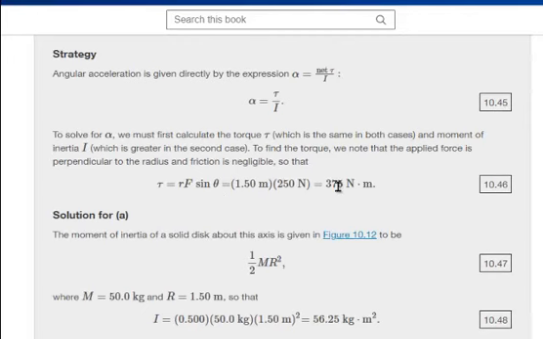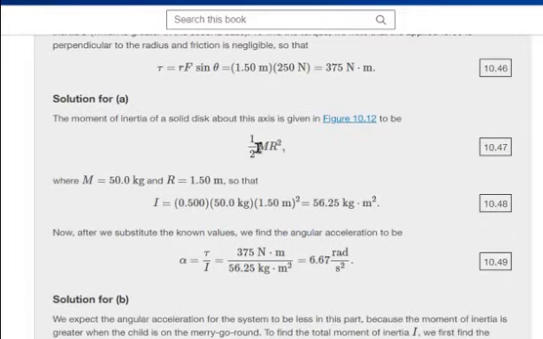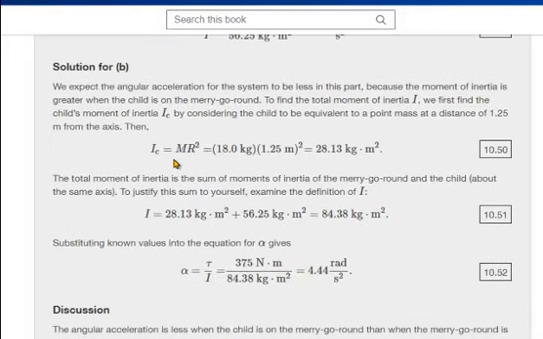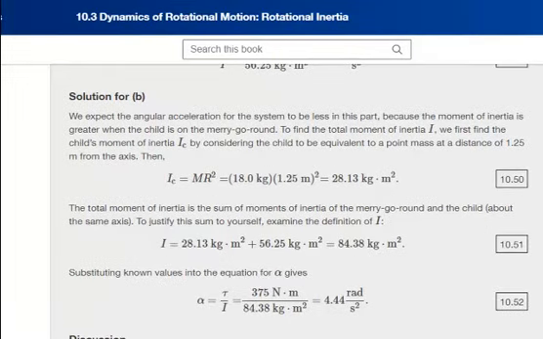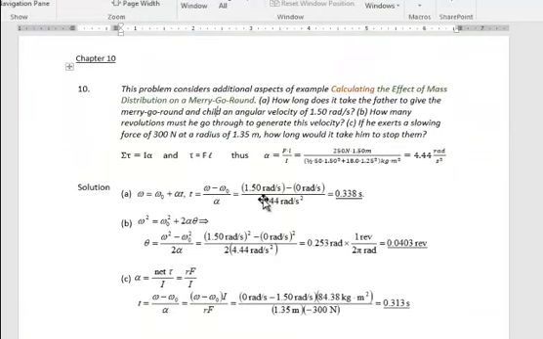This is the 375 newton meters in the numerator, and then here this is the moment of inertia for just the disk of the merry-go-round, and the moment of inertia for the child sitting a certain distance, and at the end they come up, obviously, with the same number I did, the 4.44 rads per second squared, but I need that first in order to start the problem here. So this is where the 4.44 rads per second squared comes from, and the other numbers are also given in the problem. Plug them in and you come up with 0.338 seconds.